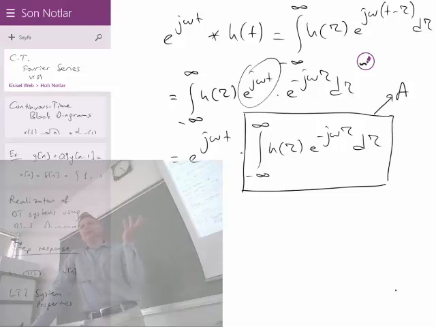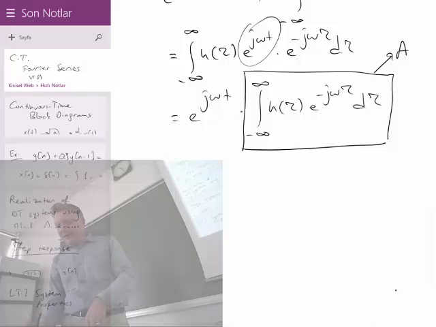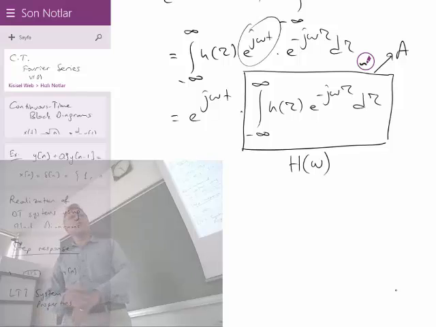There is no t inside it. There is no tau inside it either, but there is an omega inside that. When you take that integral, omega will still appear in the expression. So this is something in terms of omega. It is not just A, but it is A of omega sort of thing. We are going to express it like this for a reason, of course. H of omega, I will say.